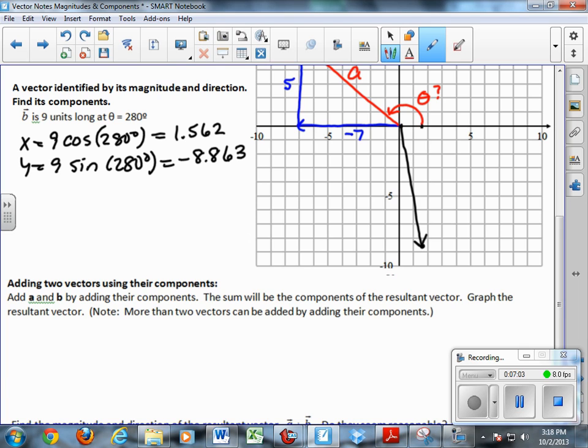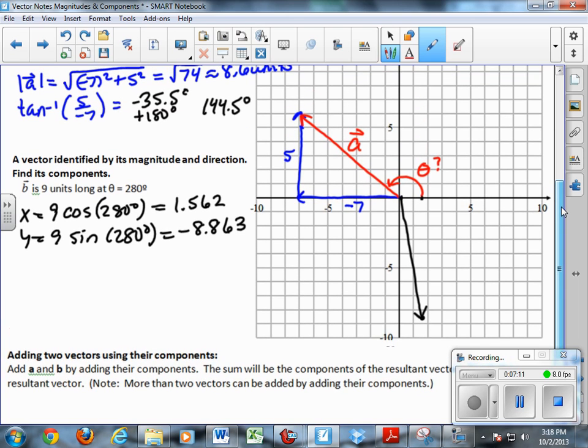Okay, now that I'm done drawing my two vectors, how do we go about adding two vectors? How do we add two vectors? So I am once again going to erase some of the other information I have on here so that we can more clearly see how to add two vectors.